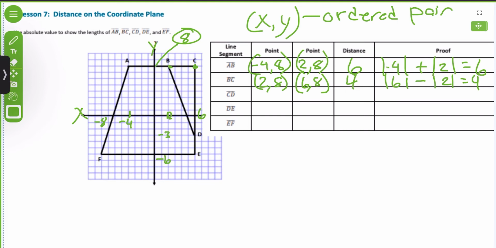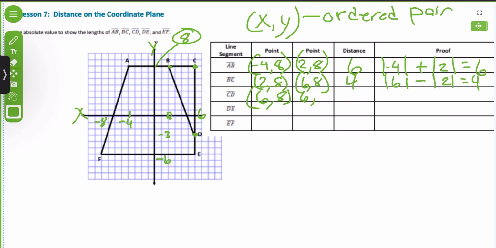C. Do we know C? Yep, C was 6, 8. Well, now let's find D. D is down here. What is that value for D? What is the X? X always goes first. How far to the right? It's to the right, so it's positive.